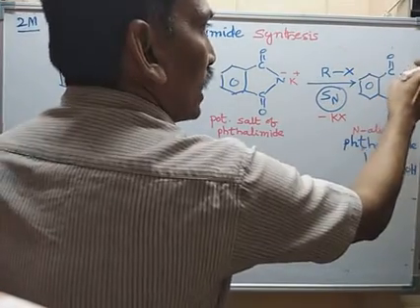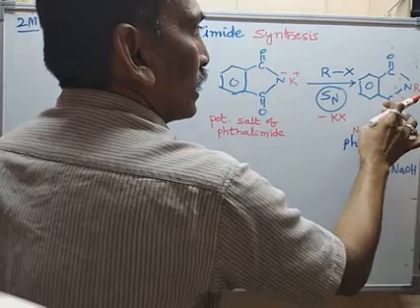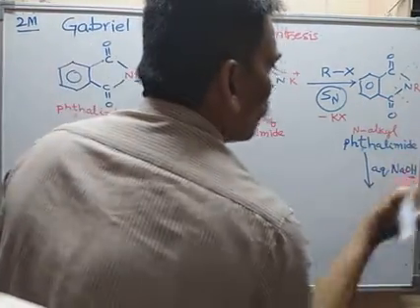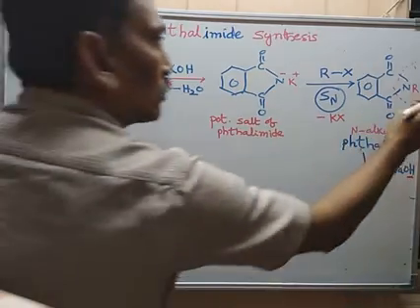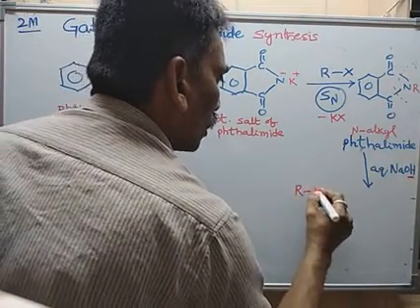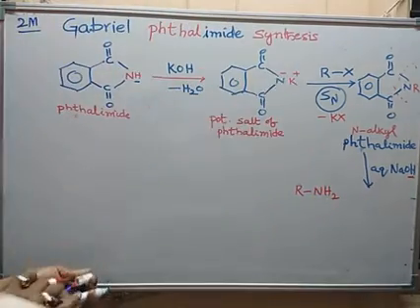Here NaOH gives ONa. So the R N part is combined with hydrogens of NaOH, and you get RNH2, that is the R group and NH2.